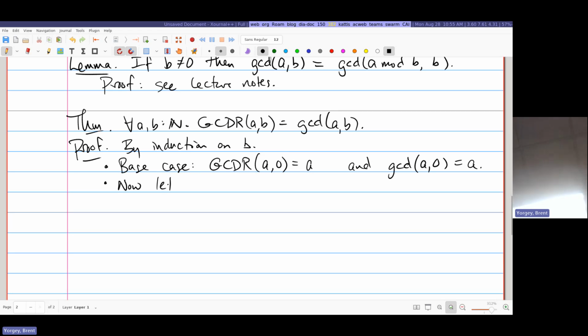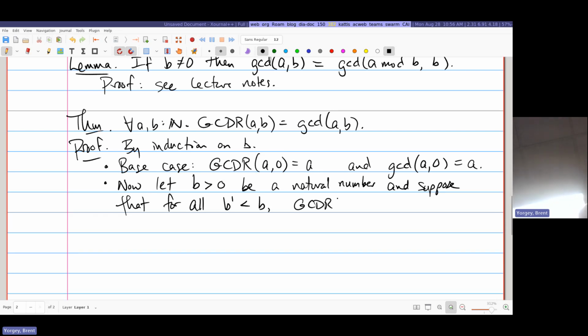Now, let's pick some positive B, a natural number. I'm saying B greater than 0 because I've already handled the case when B is 0. Suppose that for all B prime less than B, GCDR of A, B prime equals little GCD of A, B prime.